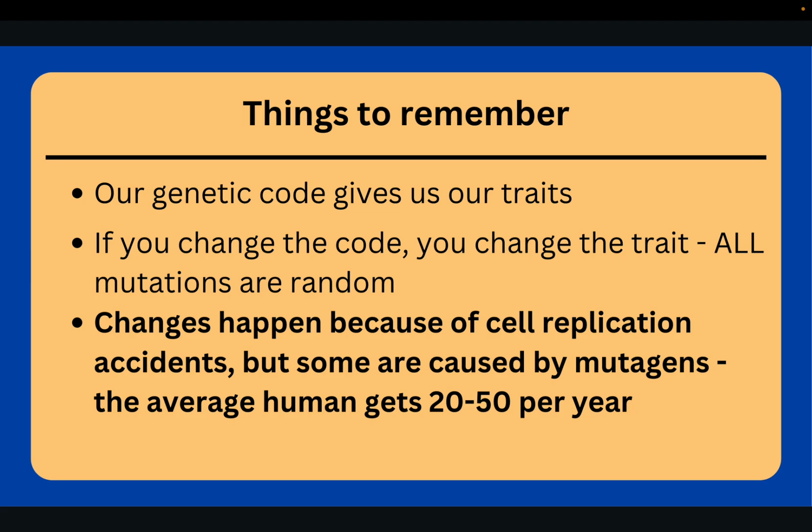The average human gets 20 to 50 mutations per year. That sounds pretty serious, but remember, most are just neutral. They either are so small they have no real effect on your life, or they just happen to junk DNA, and they literally have no effect on your life. So we don't have to live in fear of the random mutations we're going to get because they're going to happen whether we're stressed about it or not.